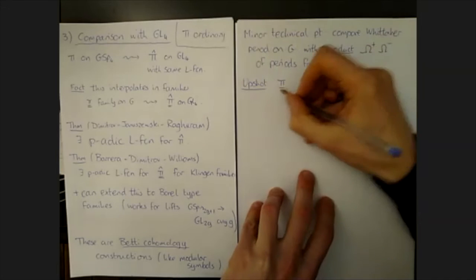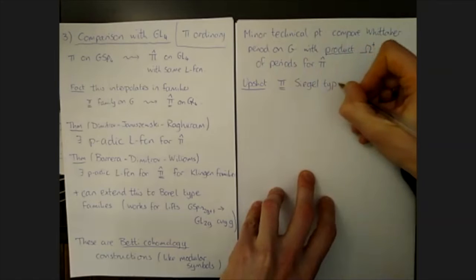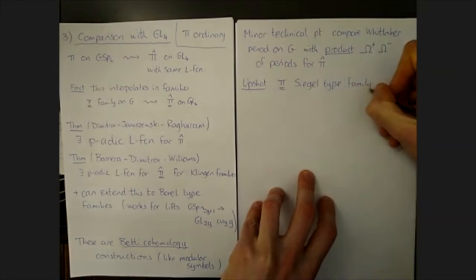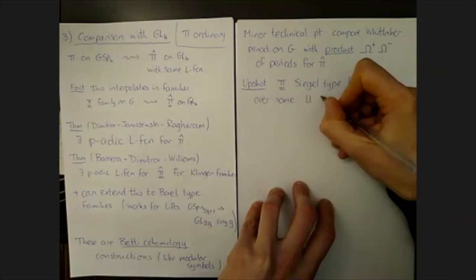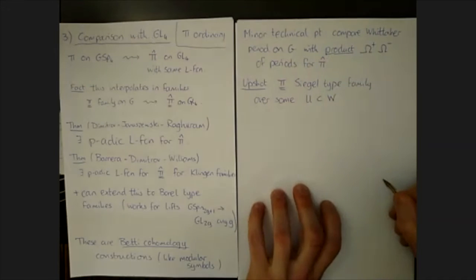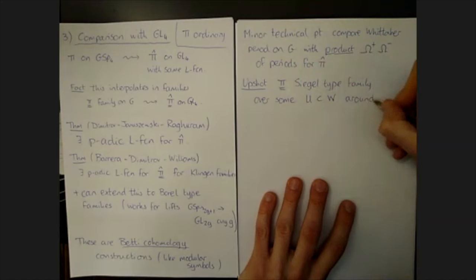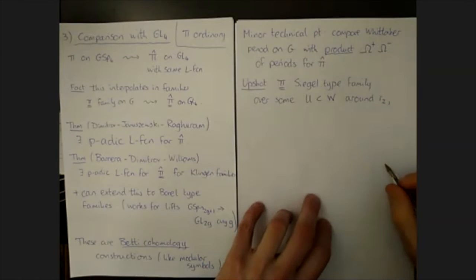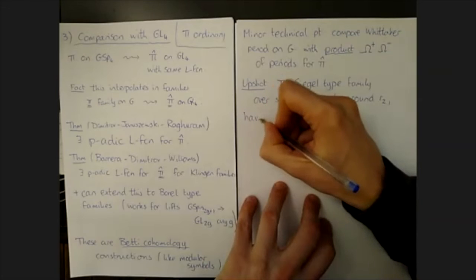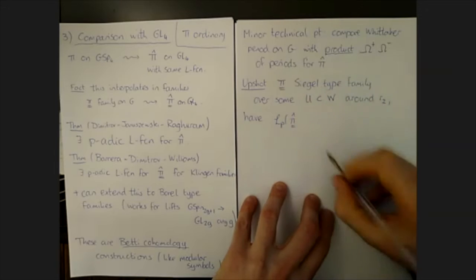So the upshot of this is that if pi underline is a Siegel type family, over some affinoid U in weight space around R2, so specialization at R2 is the pi I had to start with, we have an L_p of pi hat underline.